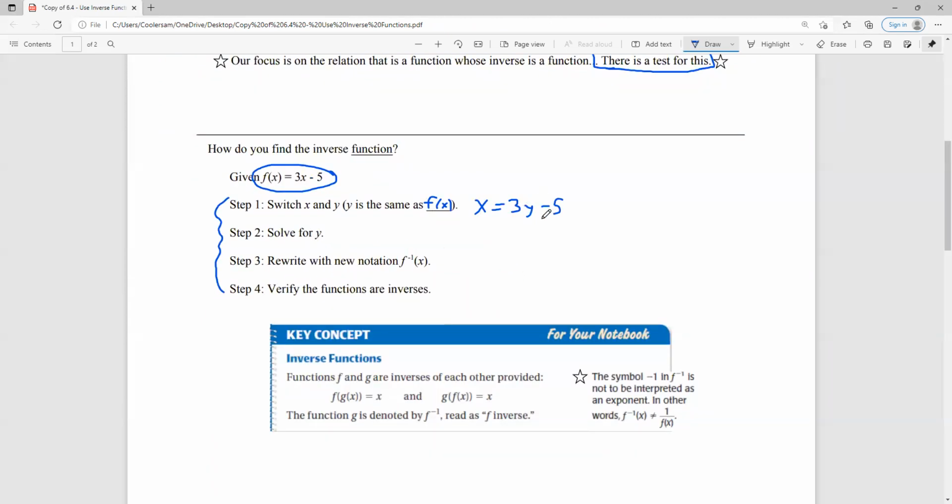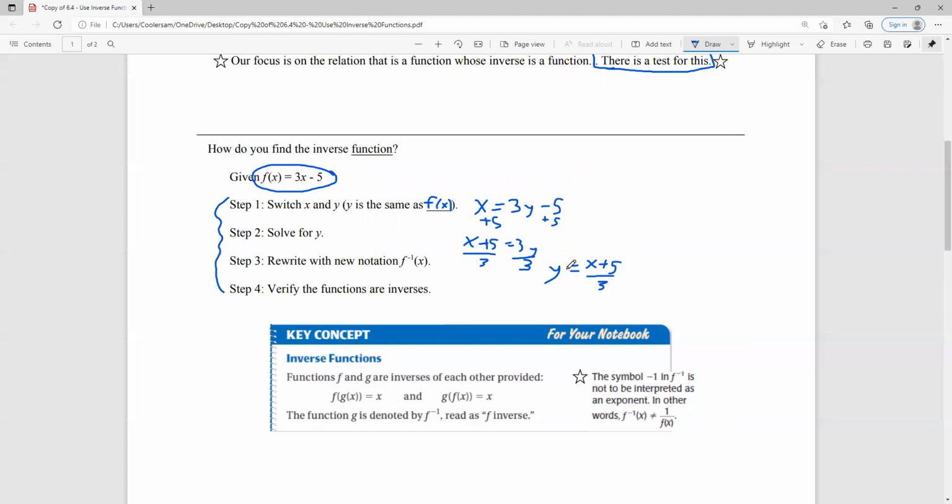Next, solve for y. So I'm going to just add 5 to both sides, and get x plus 5 equals 3y. And then divide both sides by 3. So that means y is equal to (x plus 5) over 3.